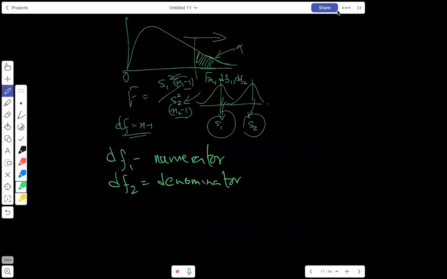Excuse me. So let's see what that actually looks like, if we could find it here. I'm going to just pause my share for a second and find that F distribution.